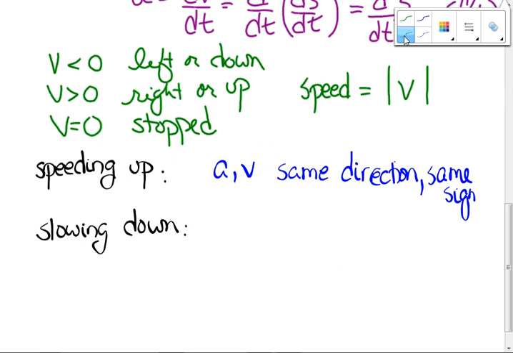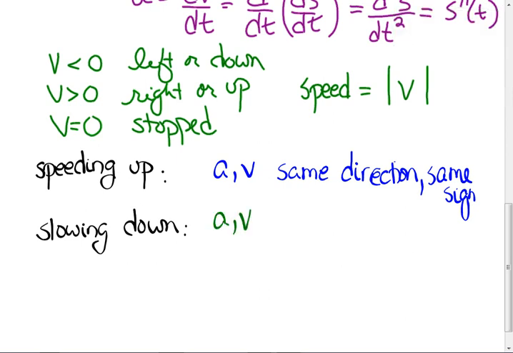It's positive, but the acceleration is negative. So when you are slowing down, A and V are opposites. A and V are in opposite directions, or opposite signs. Does this help, I hope? Because this says it all as succinctly as I can.